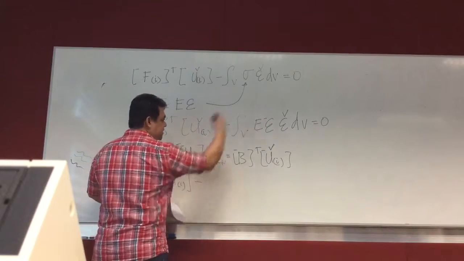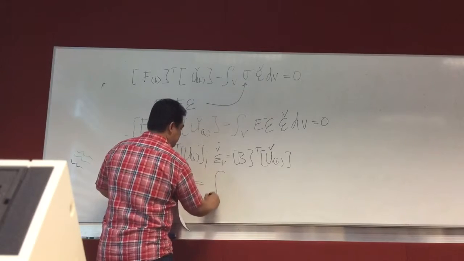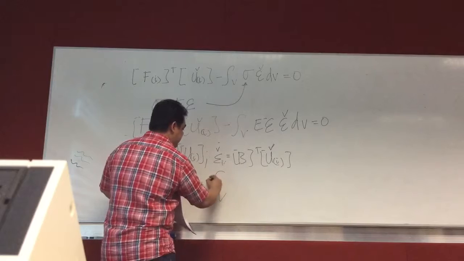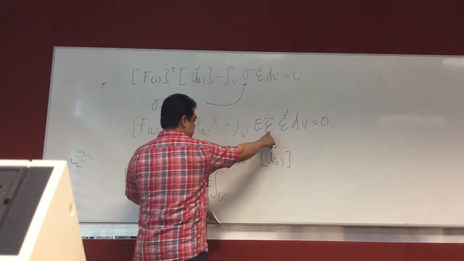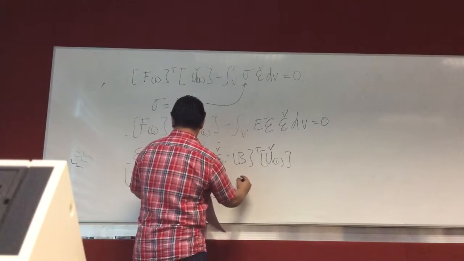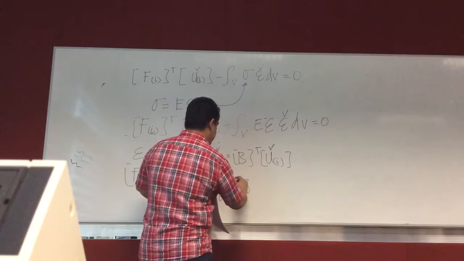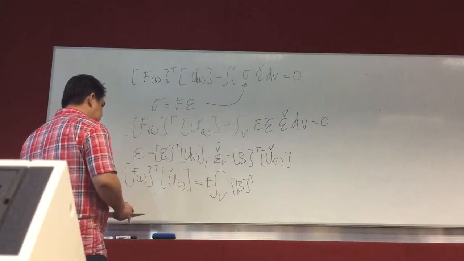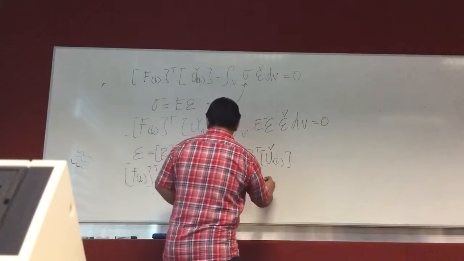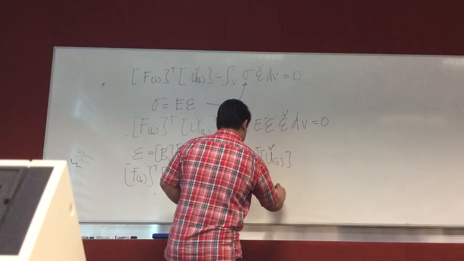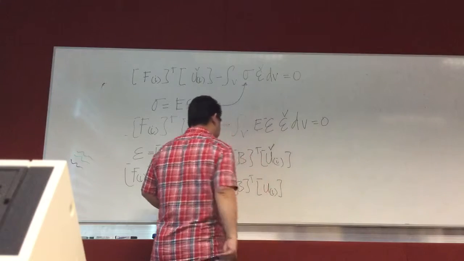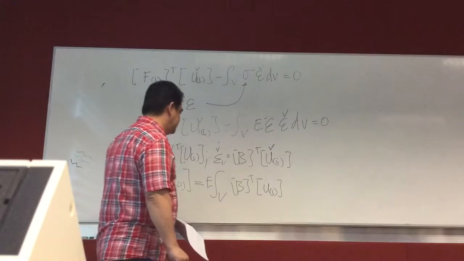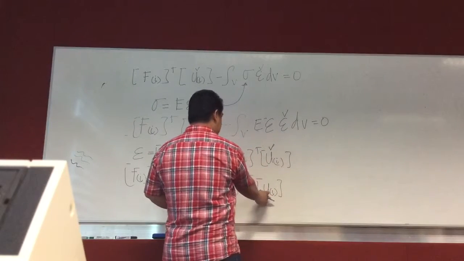minus, or let me just bring it to the other side, volume integral. Let me bring out that E first. Your strain here will be B transpose ui. This is not virtual.